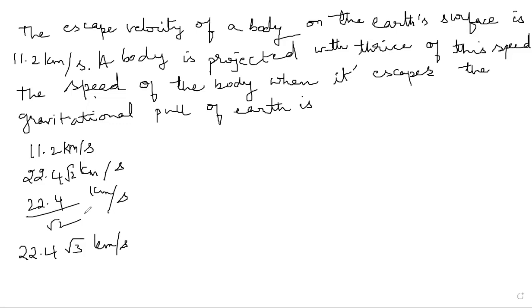So as you know that, let V be the speed of the body when it escapes the gravitational pull of the earth, and U be the speed of the projection of the body from the earth's surface. Now the body you are throwing from the surface of the earth goes to the top level. At one certain point there will be some velocity.